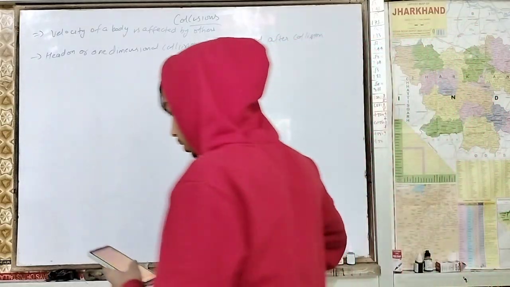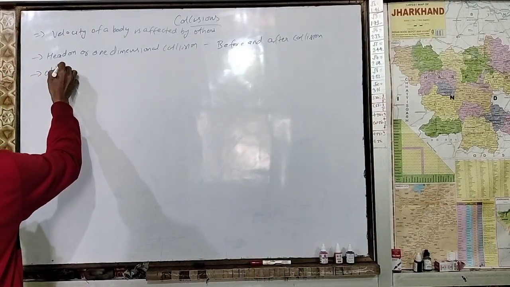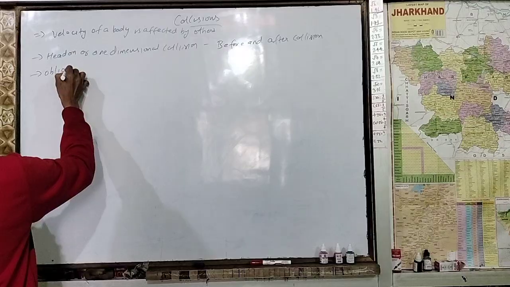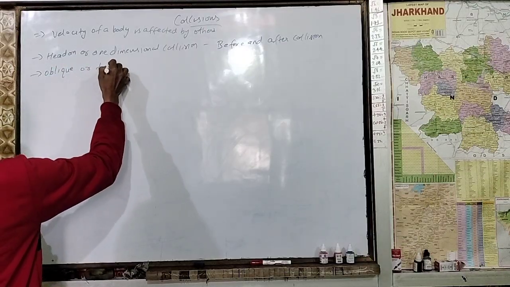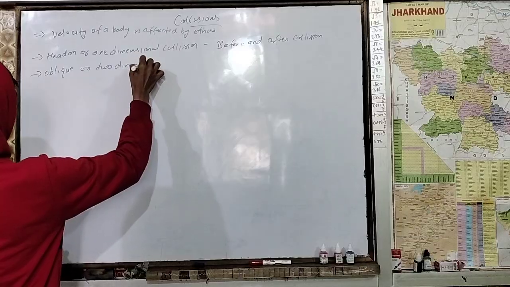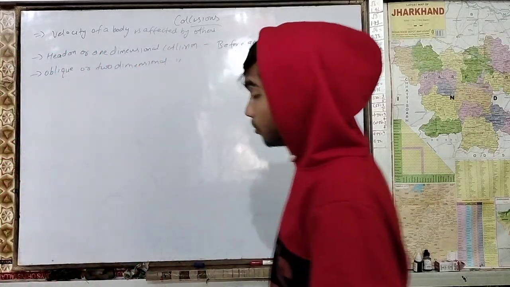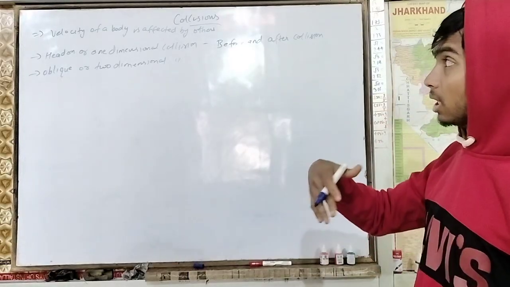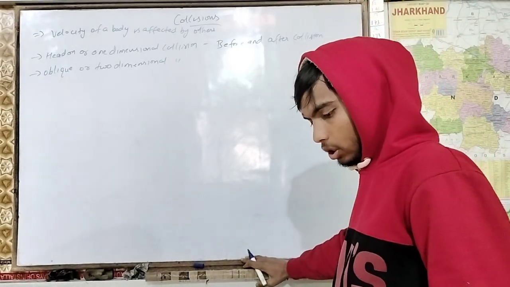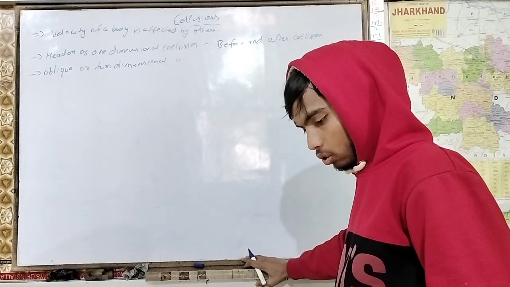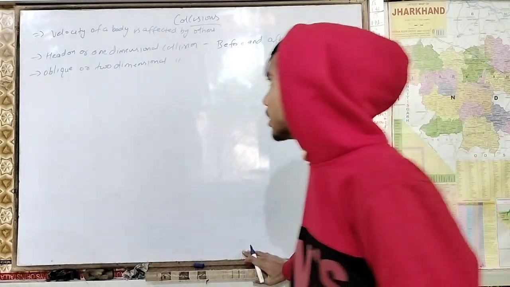Next we have oblique, or two dimensional collision. Here you will see the body can go in any direction, in two dimensions. So they do not move along the same line.